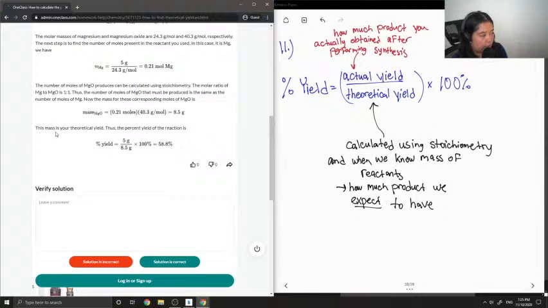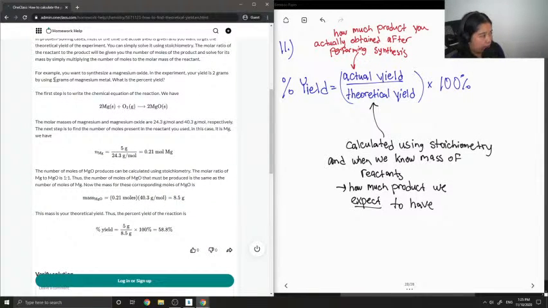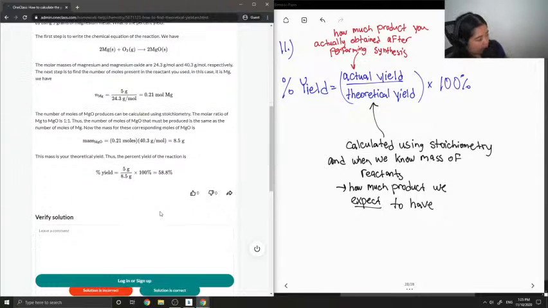And then finally we can calculate percent yield. So our actual yield, they said was, so it should be the 2 grams divided by how much we expect it to have, which is the 8.5, times 100%.